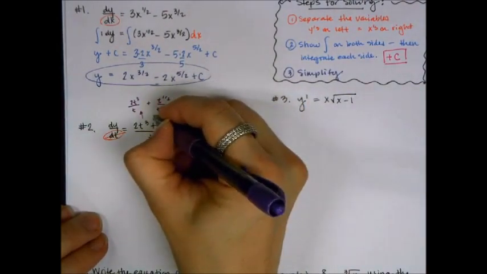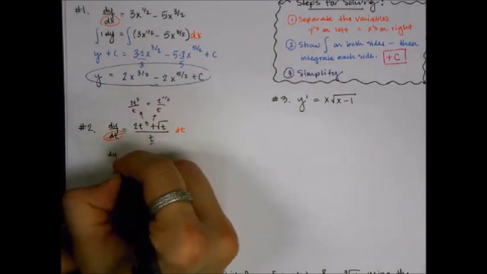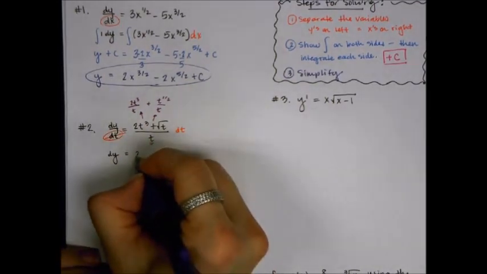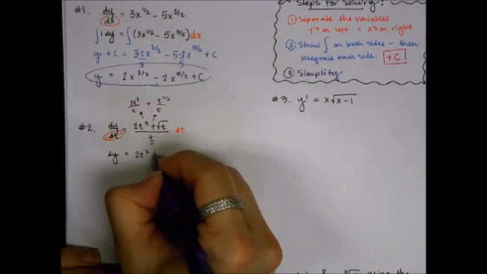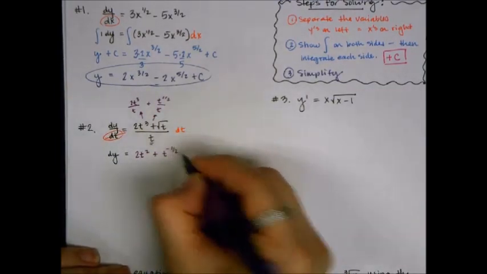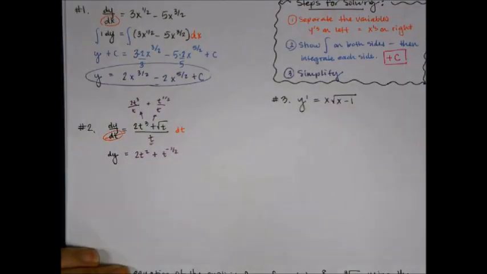So just splitting that up and then simplifying each one so that it looks similar to problem number 1. So I now have dy is equal to, on the right side, 2t squared plus t to the power negative 1/2, since 1/2 minus 1 is negative 1/2. And then we'll still have our dt here.